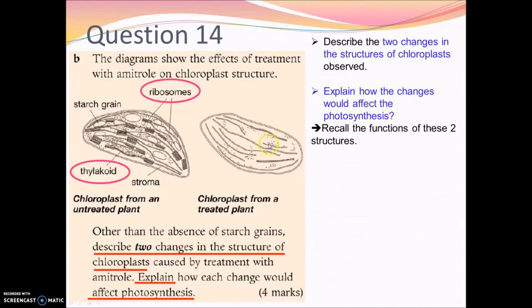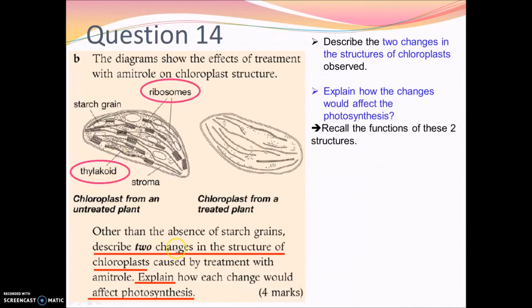So at least you know these three structures will be our target. For the stroma, because it's just a space, you cannot have any significant observation. Other than the absence of starch granule, which the question did for you already, the two changes in the structure will be the ribosome and the thylakoid.